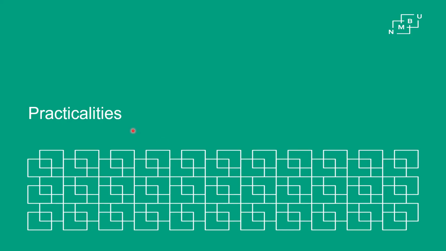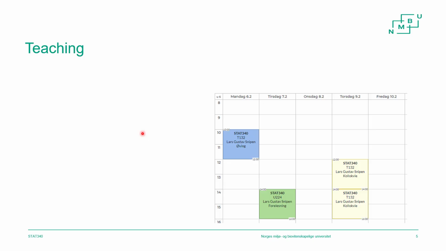So the practicalities. Let's have a look at those. Here is the schedule for a week that you can find in this timeplan on the web. The lectures are said to be Tuesdays from 2 to 4.